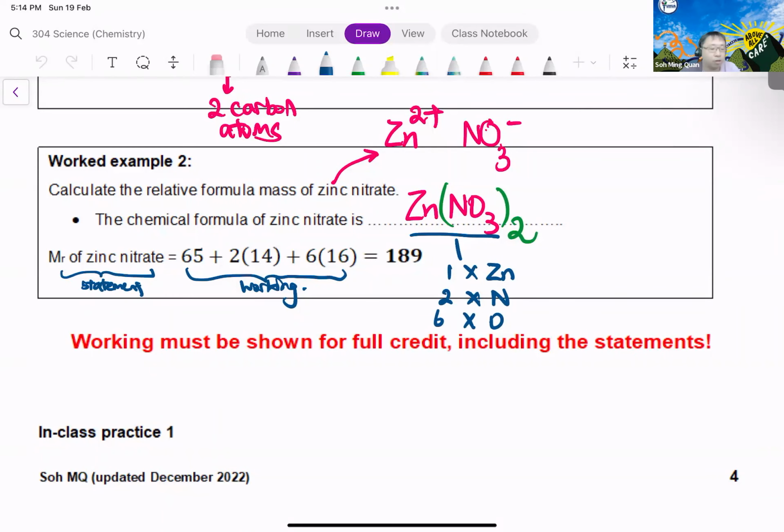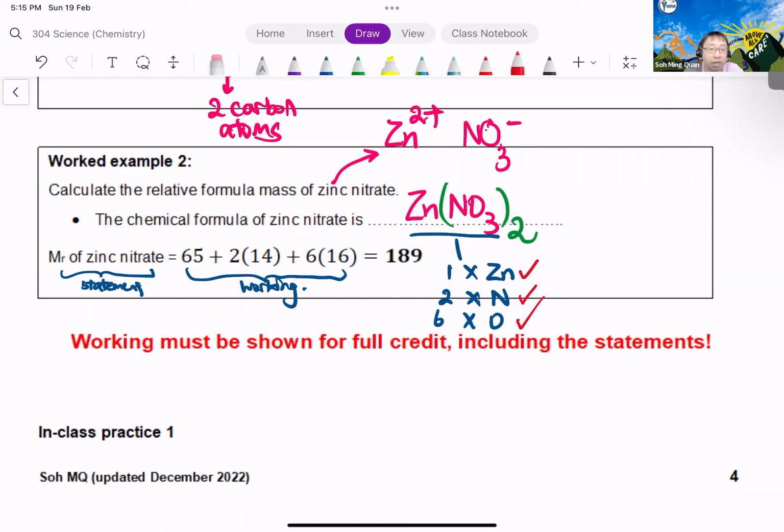So what do I mean? Like in this case, there's one zinc because zinc is not in the bracket. But what's in the bracket is N. How many N do you have? It's not 1, it's 2. Because it's 2 times 1. Finally, how many oxygen do you have? It's not 3. It must be 3 times 2.